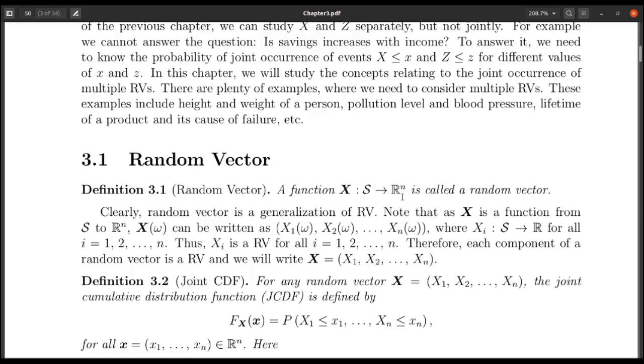Another plus point is that in most applications, we study numerical characteristics, which means we are in real life. So instead of an arbitrary sample space, it is much easier and better to talk about the set of real numbers, that is, a function from the sample space to the real numbers.